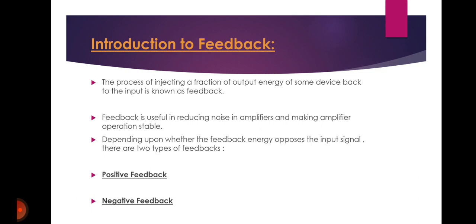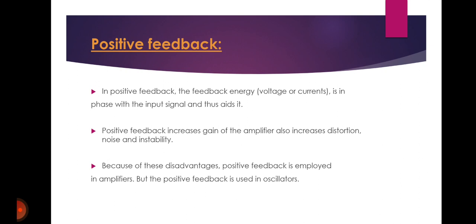Depending upon whether the feedback energy opposes the input signal, there are two types of feedback. First is positive feedback, another is negative feedback. First, positive feedback. In positive feedback, the feedback energy, that is voltage or current, is in phase with the input signal and thus aids it.